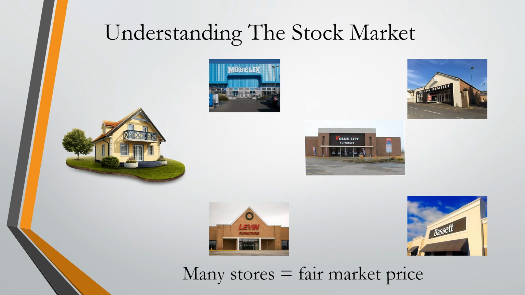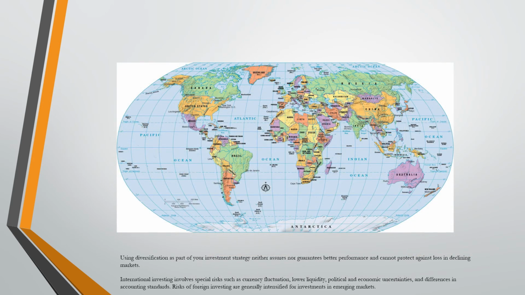But if there are a large number of furniture stores to choose from, they will have to compete with each other for your business. This creates a fair market price for the furniture buyer. In a nutshell, the stock market provides a secure and regulated environment where market participants can transact in shares and other eligible financial instruments with confidence and low operational risk.